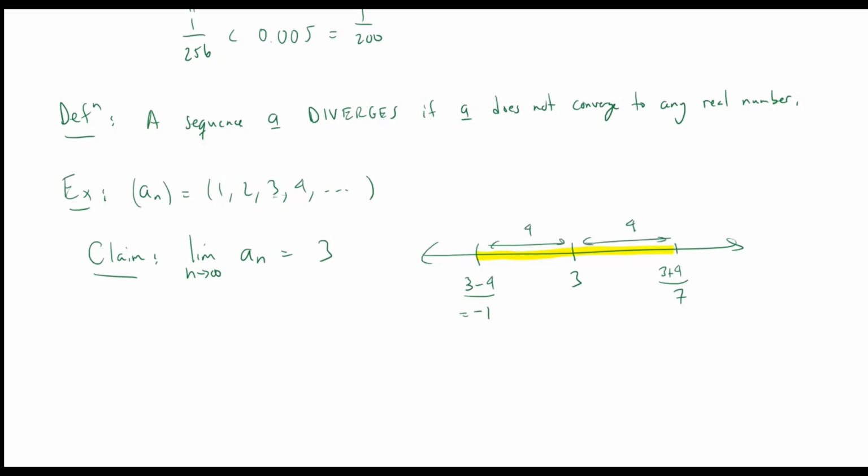Okay, for the claim to be true, this 3 coin of radius 4 must contain a tail of a. Some tail, right? You may have to go out really far, but eventually it should contain everything in the tail.